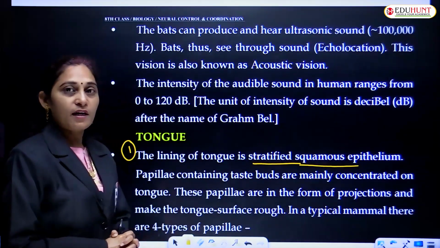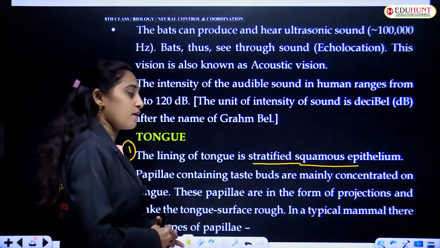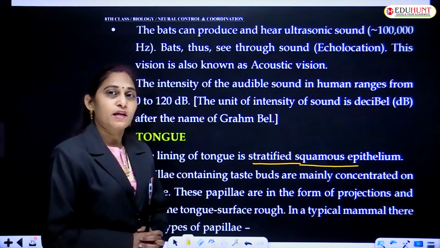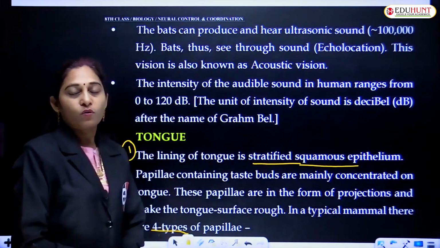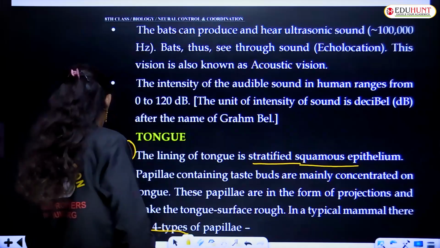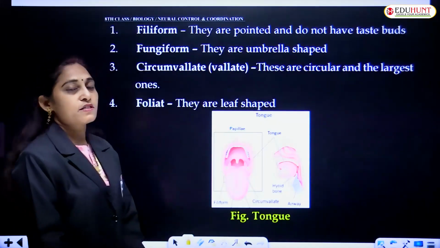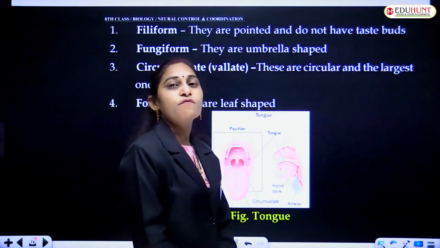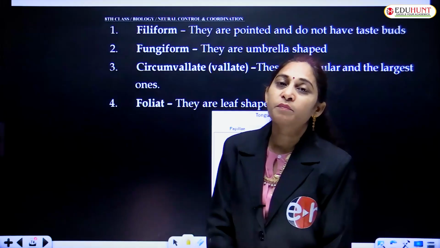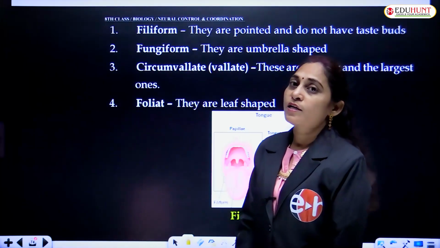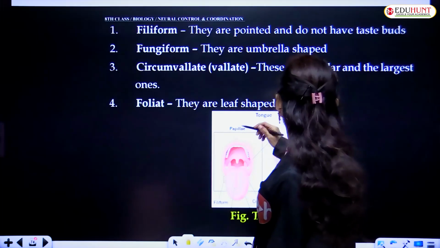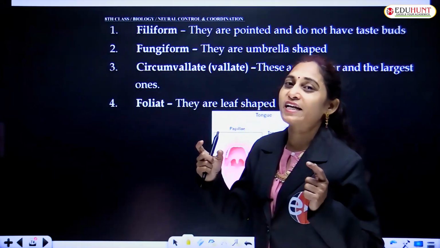In typical mammals, there are several types of papillae. Importantly, there are 4 types noticed. First is the filiform type of papillae. These are pointed and they do not have taste buds.